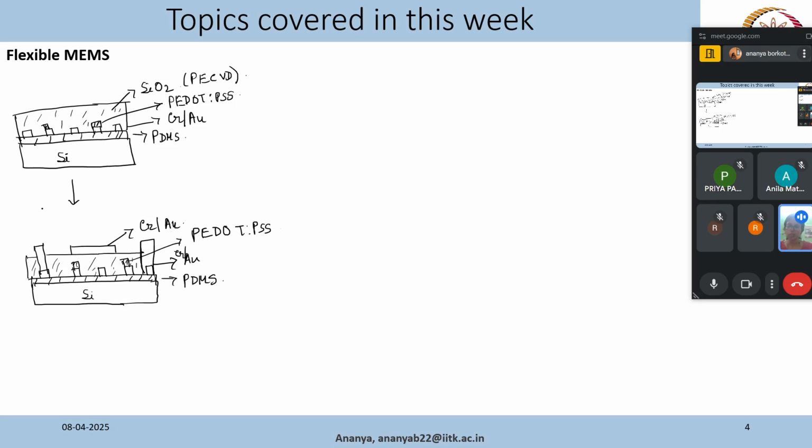Now you can see here that every time we do lithography, we will use etching also. For example, in this case we have to etch out this portion of SiO2. As I mentioned in the very first few classes, when we want to make a pattern we have to do photolithography plus etching.